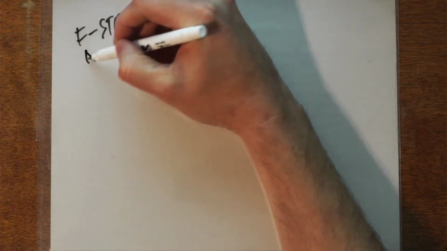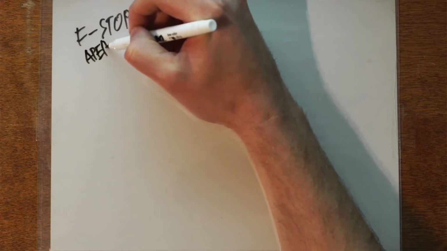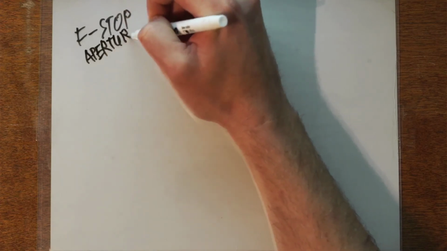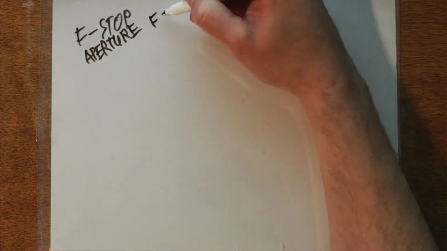The numbers and rules for counting f-stop are stupid, and we're going to get to them at the end when we talk about how all these things work together, but just realize that on your camera, it will either be aperture, or you might see it as f-stop, or you'll see it as f some number dot some number. Those are the ways that you will see it.